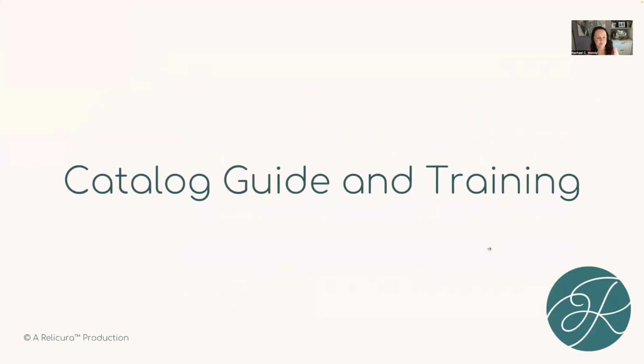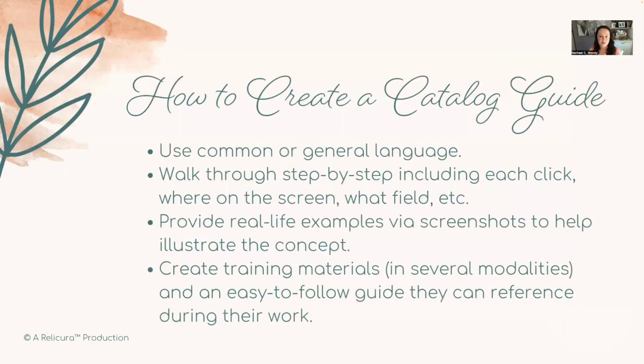All right, now we're transitioning. We're taking that knowledge, we're going to start putting it into guide format and talk about training and what that can look like. So for the catalog guide, when we are thinking about putting something together, and especially if it's for somebody or a team of somebody who doesn't necessarily have the same level of knowledge as you do, we need to make sure we're using common or general language.